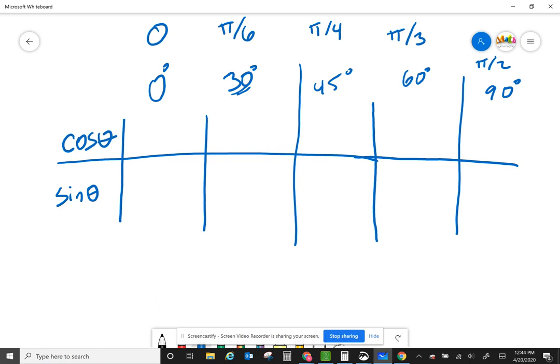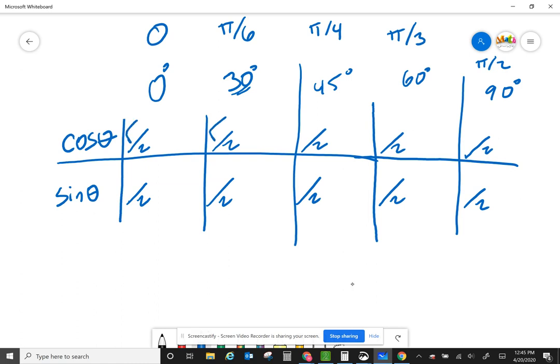Okay, now how am I going to do this? All of these are going to be fractions, all over 2. I want to help you guys be able to produce this real quick. All of these are fractions over 2, and on top of it, I have a square root. So let me do a square root on all of these.